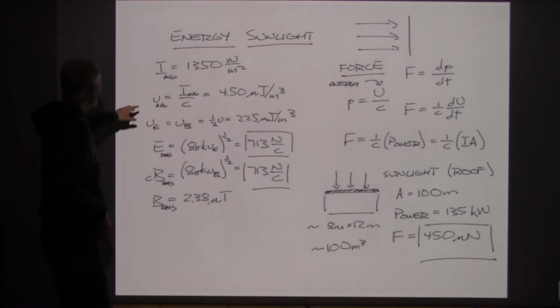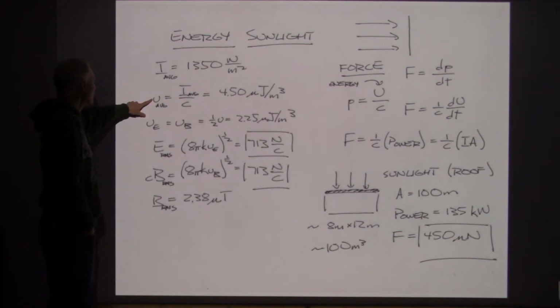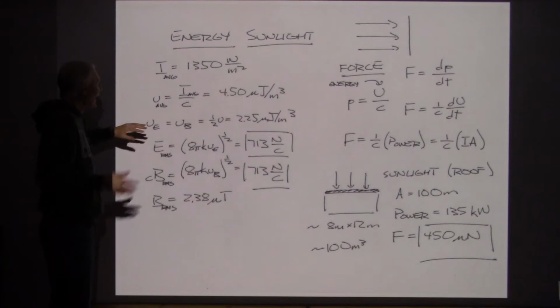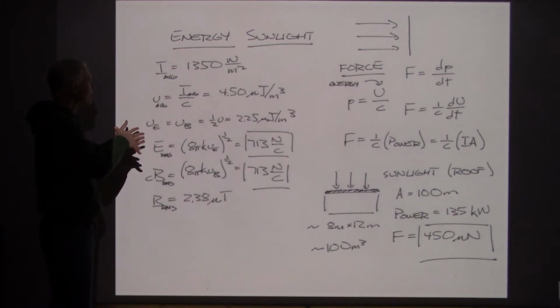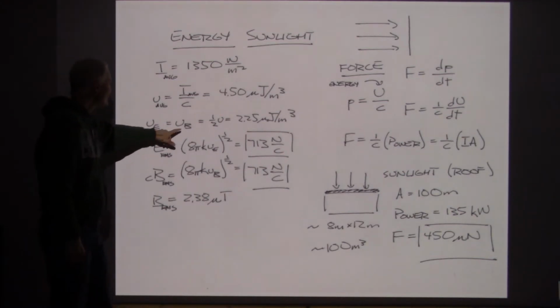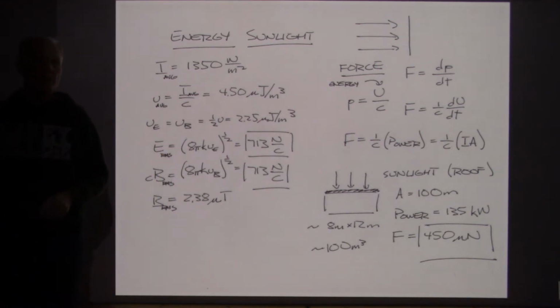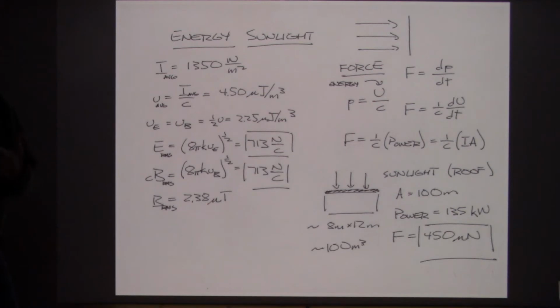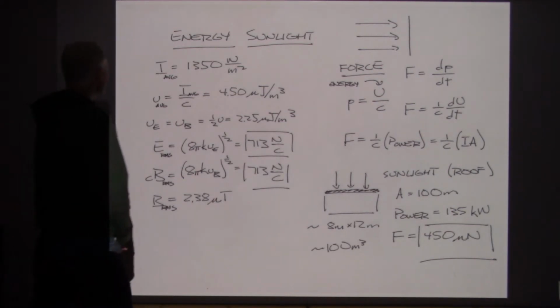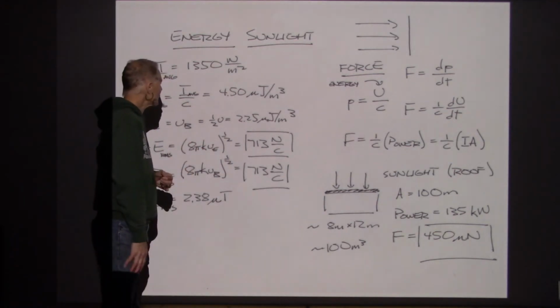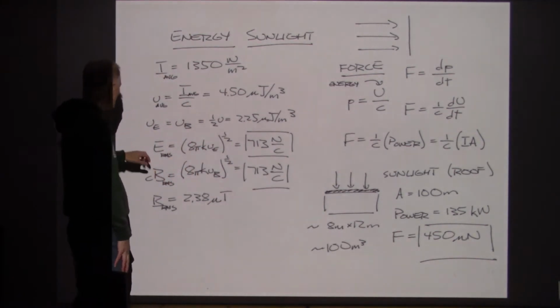So once I get this for the average value total, I can say that half of that energy density is associated with the electric fields, and half of that is associated with the magnetic fields. So we're just doing bookkeeping here on how much energy we have stored in this electric magnetic field that's propagating towards us.